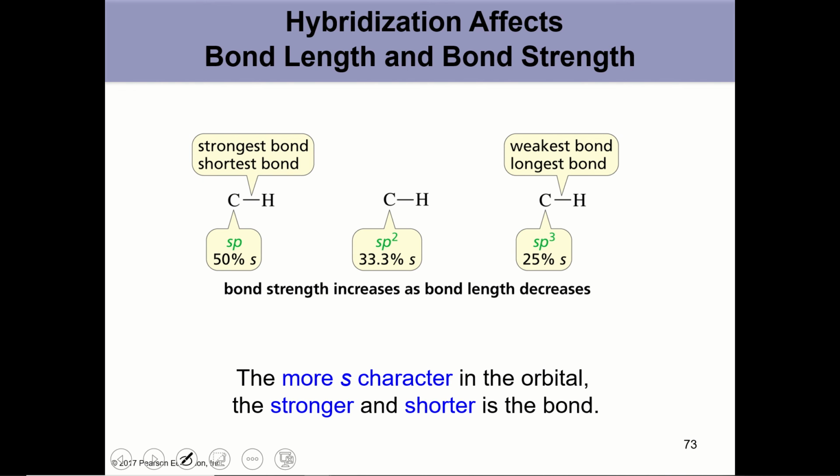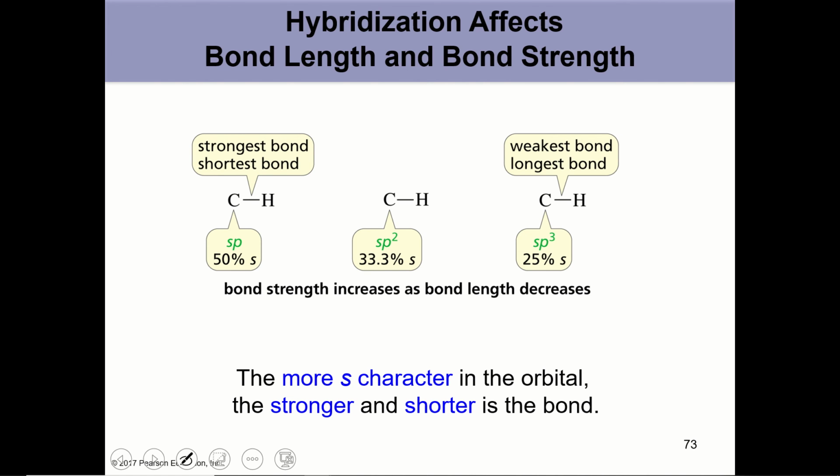Hybridization affects bond length and bond strength. So the strongest and the shortest bond is an sp bond. sp2 bonds are going to be shorter and stronger than single bonds, but weaker and longer than sp bonds.